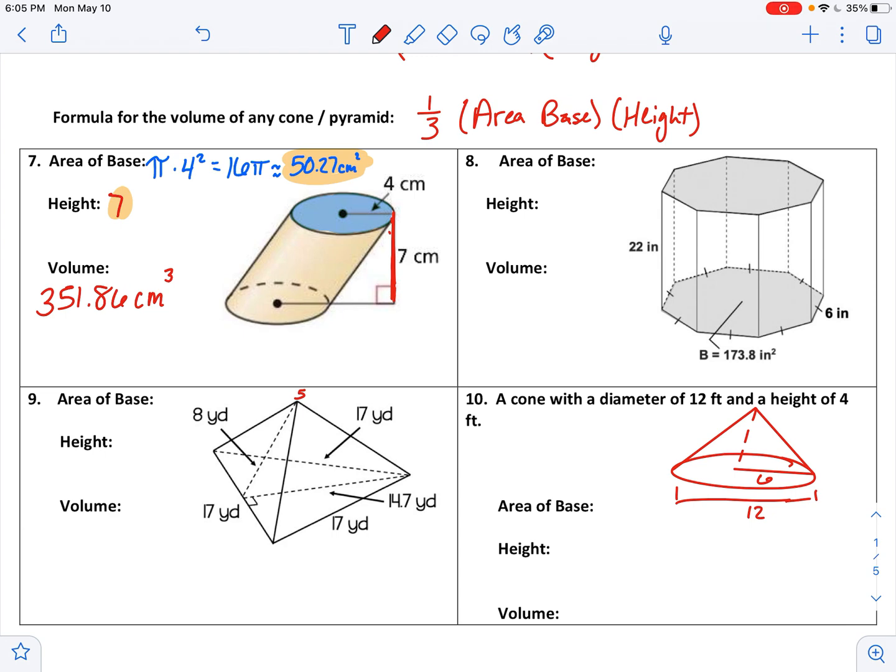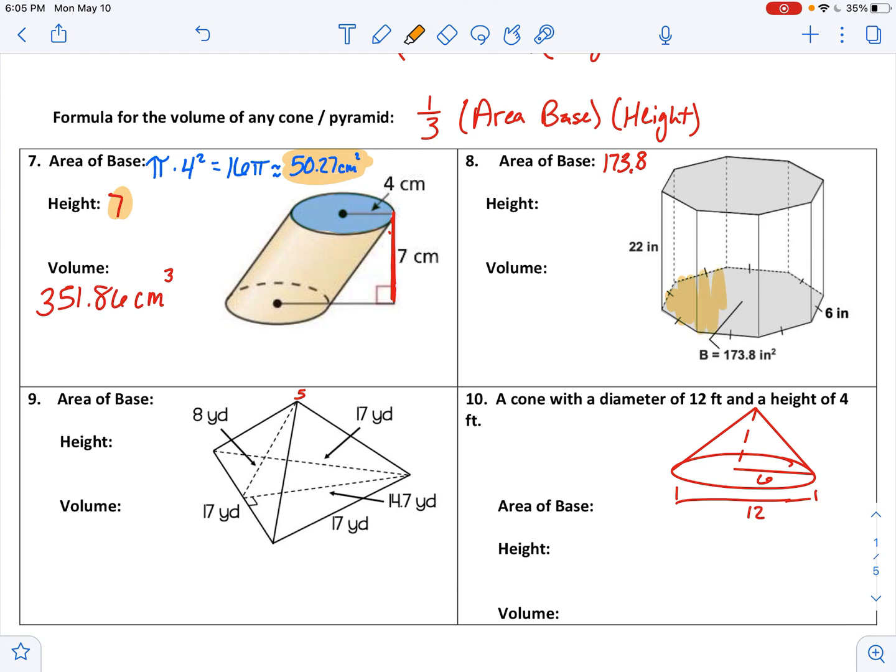A simpler formula, if you're given the area of the base, that's pretty helpful. This one, they gave it to us, 173.8. And the height, how do I find the height? Well, the height is always the distance between the two bases.